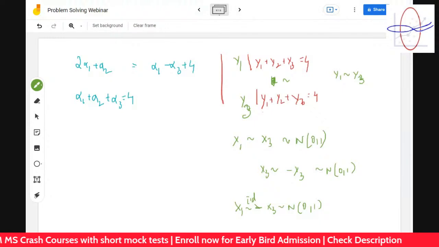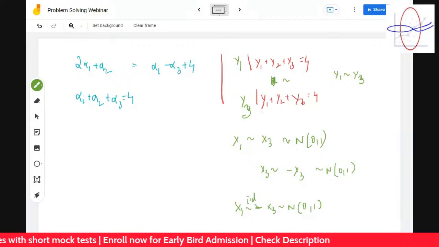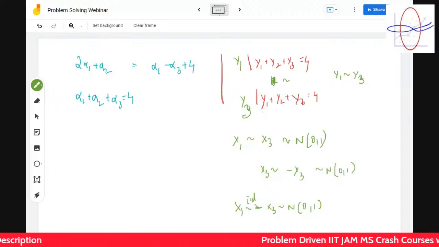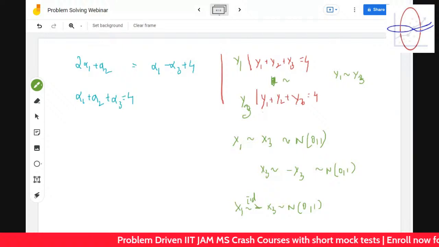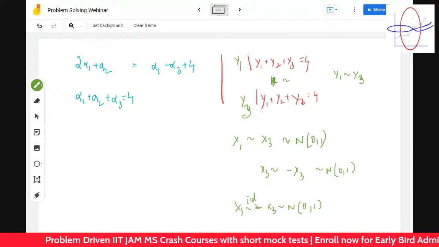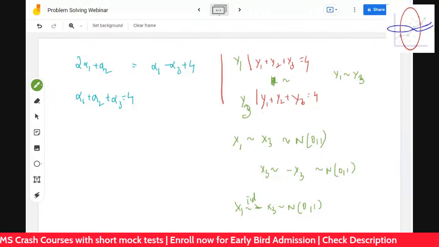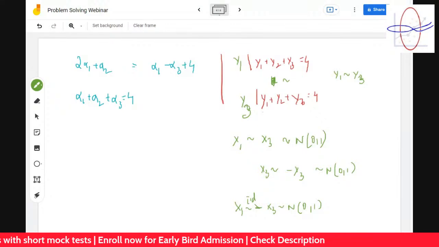Understand this very carefully. y1 plus y2 plus y3 is equal to 4. This is an event, a set in the sample space. So conditioning on that event, that has already happened, we are trying to find out the distribution of y1 and y3. Now it turns out that y1 and y3 are similarly distributed.